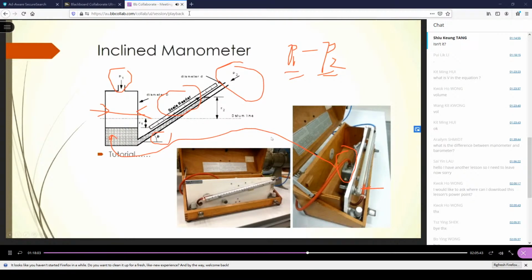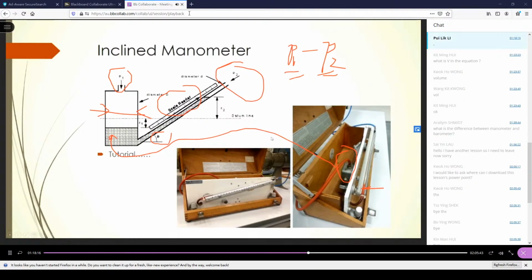But don't worry, usually you start with the highest inclination. For the highest inclination, the resolution is not so good, but at least you have some idea before you actually carry out your measurement. Then you can change the inclination later on. Okay. Now the mathematics.